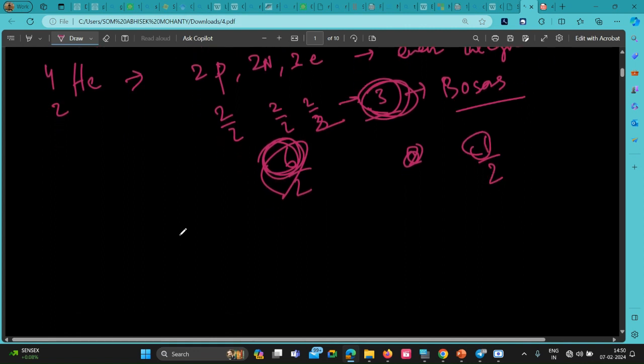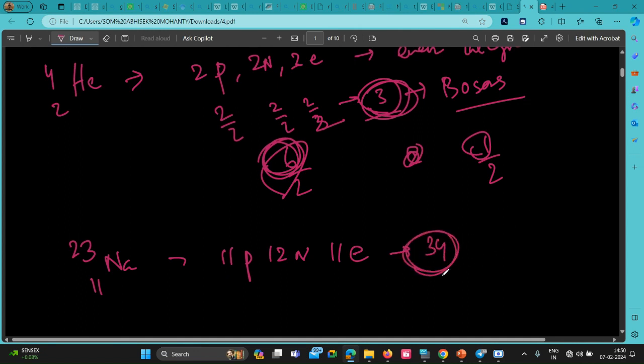Next is sodium 23, 11. 11 protons, 12 neutrons, 11 electrons. 12 neutrons, 23 minus 11 is 12. So this is 23 plus 11, that is 34.